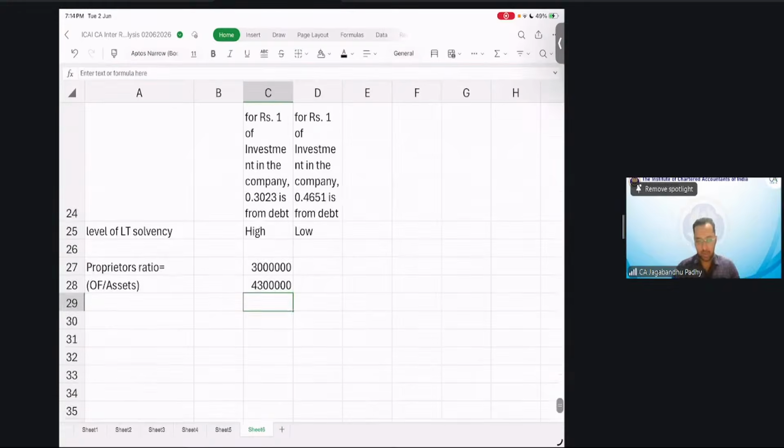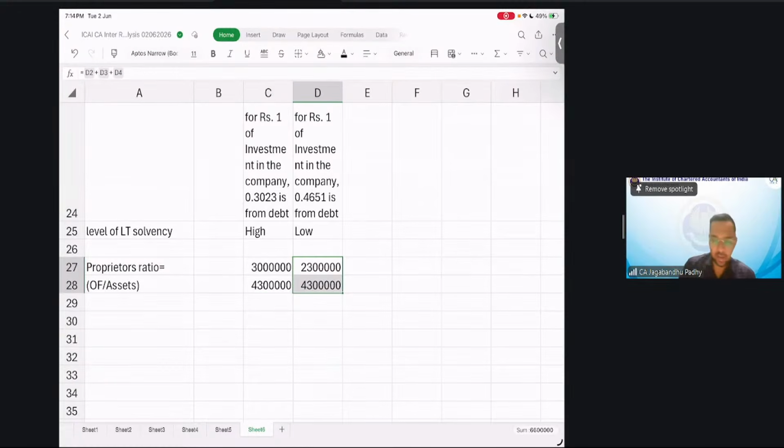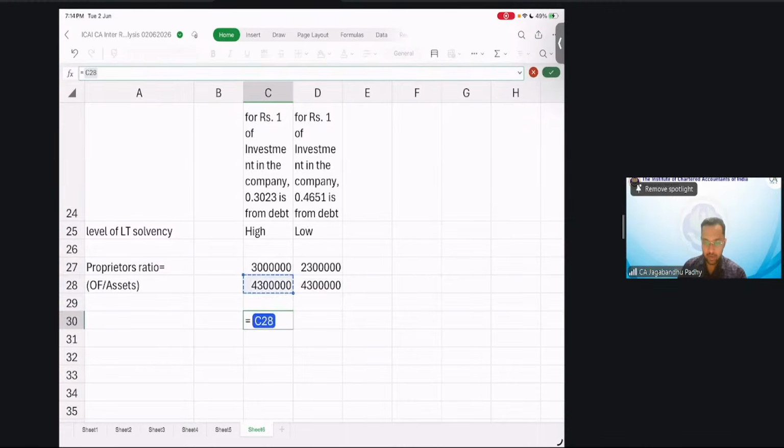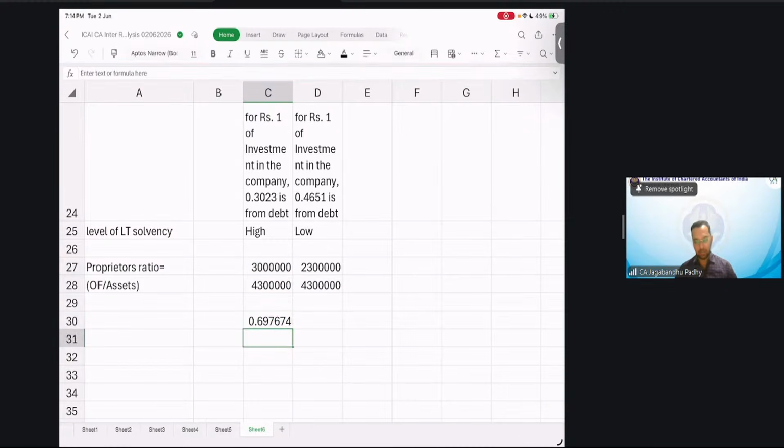Asset is 43 lakhs. So it is 30 lakh upon 43 lakhs. Right. So we get this proprietary ratio as 30 lakh divided by 43 lakh, and this is 0.5348. So can you tell me now what is the level of long-term solvency?